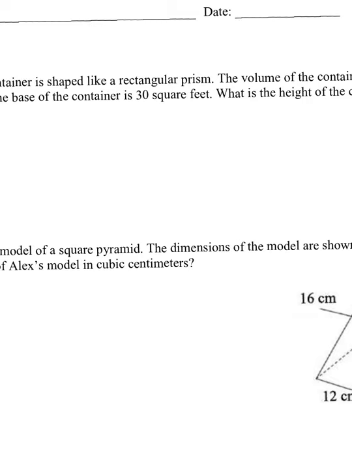Number 9. A storage container is shaped like a rectangular prism. The volume of the container is 1,800 cubic feet. The area of the base of the container is 30 square feet. What is the height of the container in feet? The problem tells you that you'll be using the formula for volume, which is V equal big B H for rectangular prism.